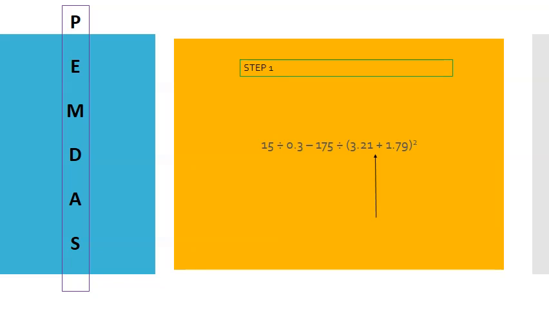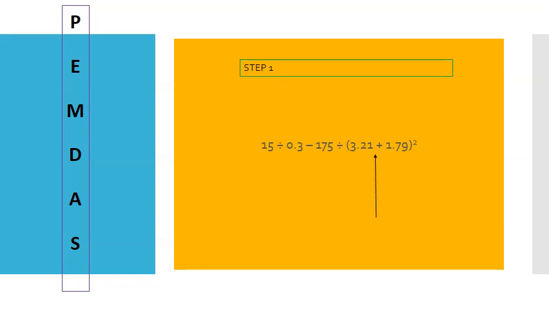With this problem, it is asking us to divide 15 by 0.3, subtract 175 divided by the answer to (3.21 plus 1.79) squared.